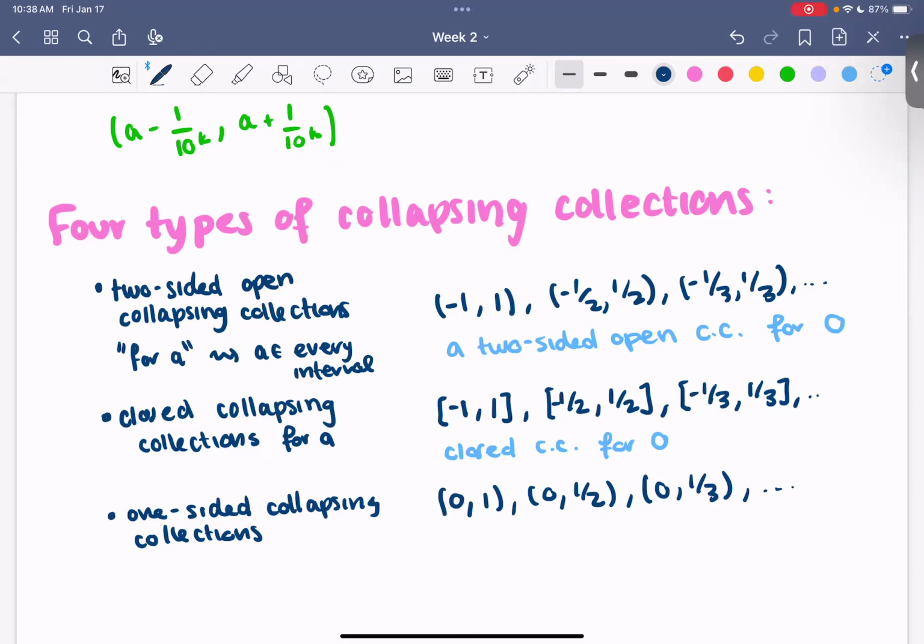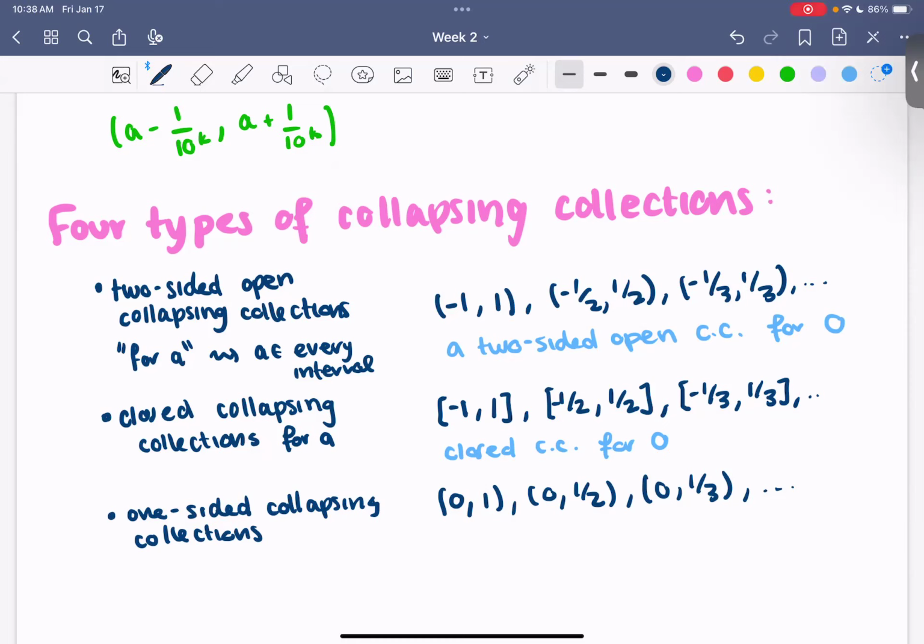Because at the left endpoint we have a parenthesis, so that means the interval is open on the left-hand side. And since the right-hand sides of the intervals are shrinking, if I picked a number that I thought might be contained in all of the intervals, like 0.000001, something like that, I will be able to find an interval that does not contain that number because this is getting closer and closer to 0.